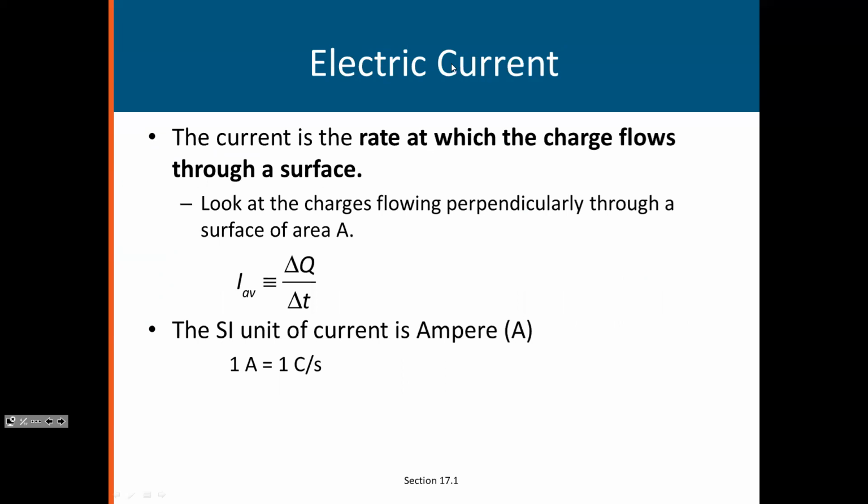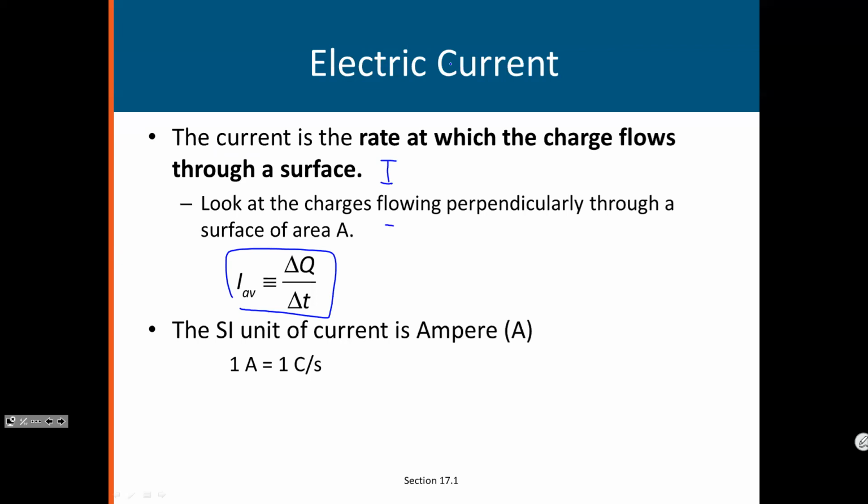What is electric current? Current is to do with the motion of charges, which is actually the rate at which charge flows through a surface. That is what electric current is. More mathematically, the exact definition, the average current, we use the symbol I for current.